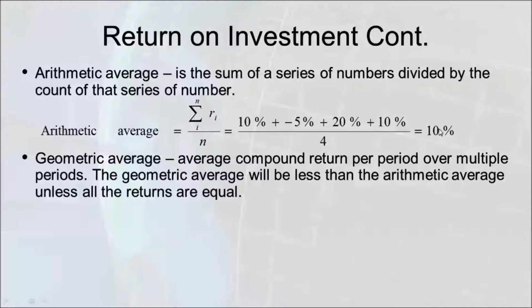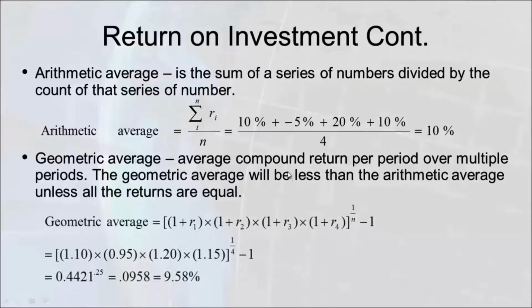That's going to give you your arithmetic average. So arithmetic average is the sum of a series of numbers divided by the count of that series of numbers. In that example, we have 10, -5, 20, and 10%. Add them together, it's 40, divided by 4 is 10%.